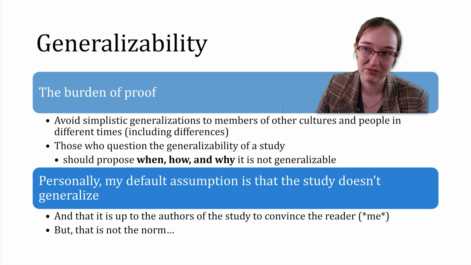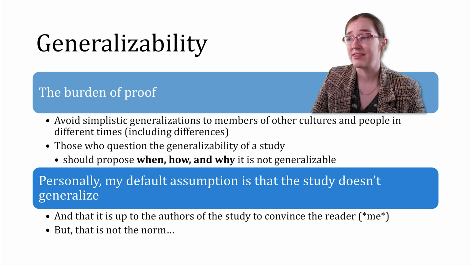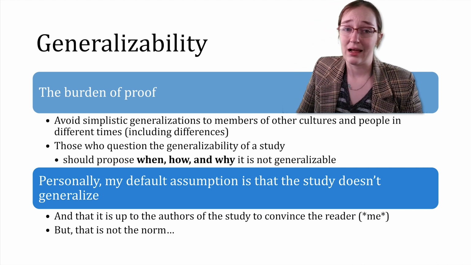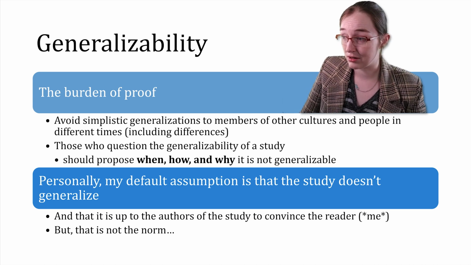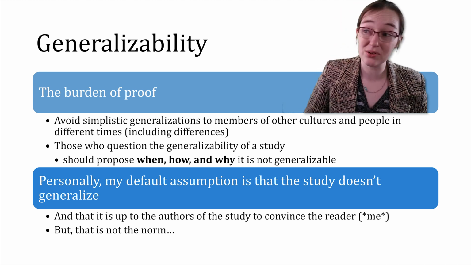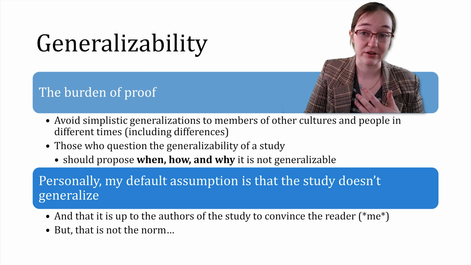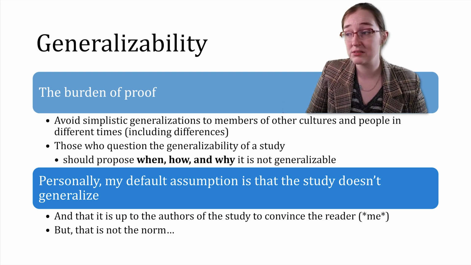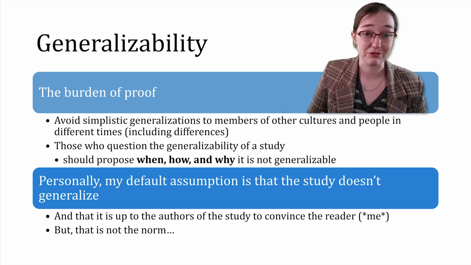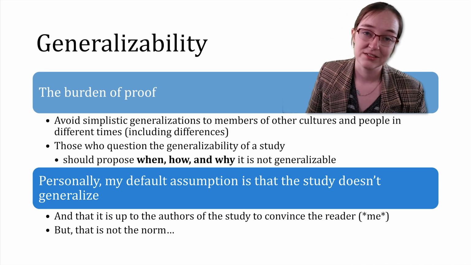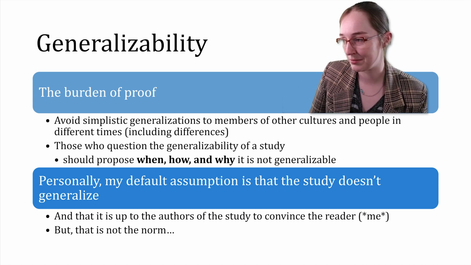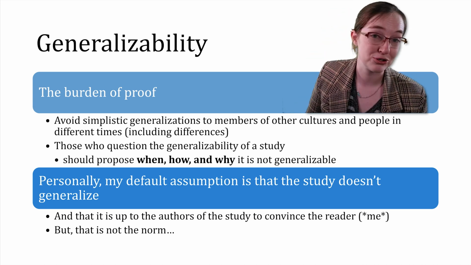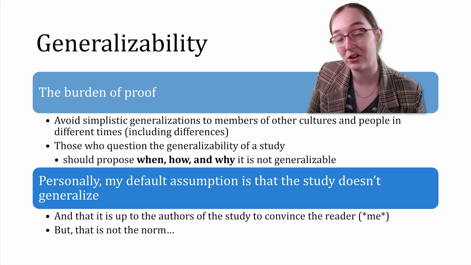So in general, for generalizability, think about it like the burden of proof. In psychological studies, my recommendations are to avoid simple generalizations to members of other cultures and people in different times and places and just general differences. And so here's what I've heard from many people. Those who question the generalizability of the study should propose how and why it's not generalizable.